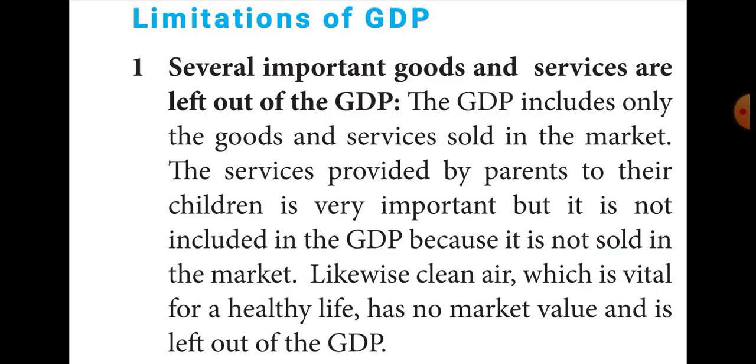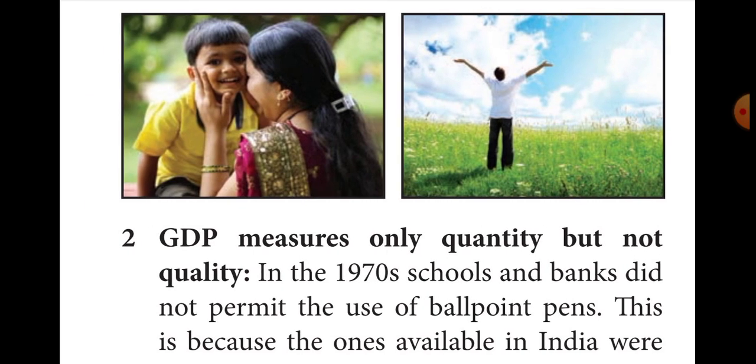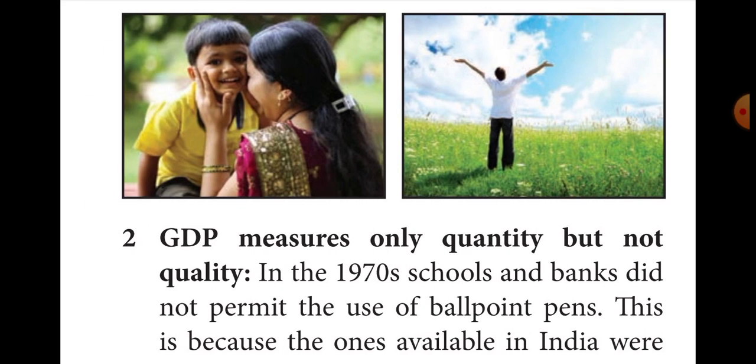Then the second one is that GDP measures only quantity but not quality. For example, in the year 1970, schools and banks did not permit the use of ballpoint pens.